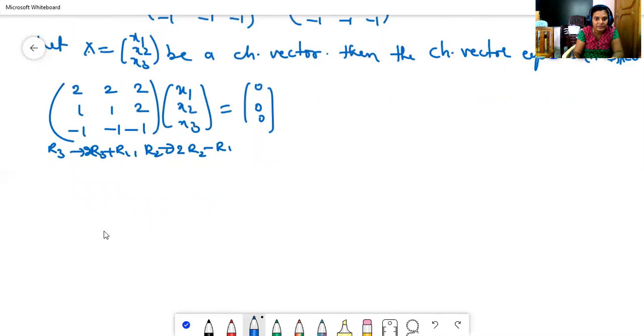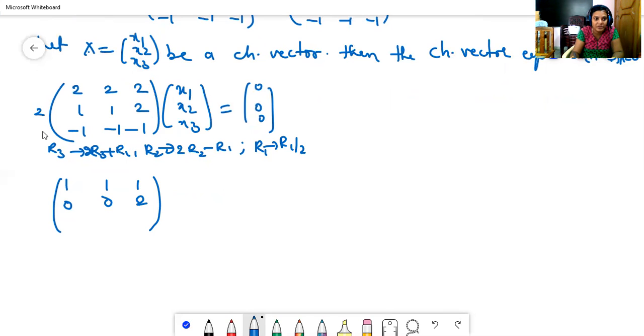Then we are getting R1 divided by 2. 1, 1, 1; 2R2 minus R1, 2 minus 2 is 0, 2 minus 2 is 0, 2 times 2 minus 2 is 2.